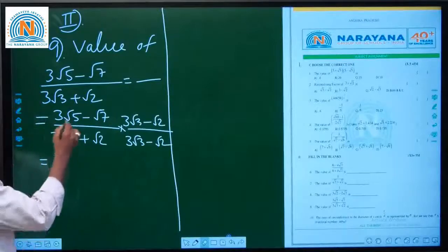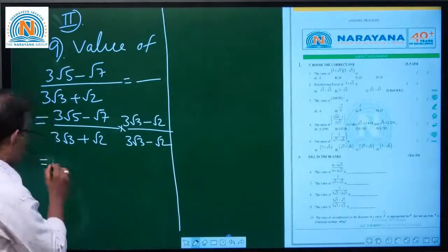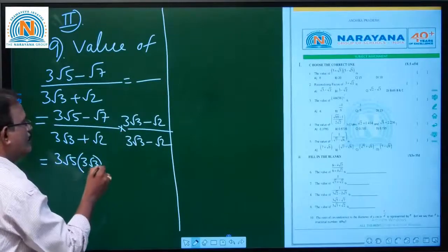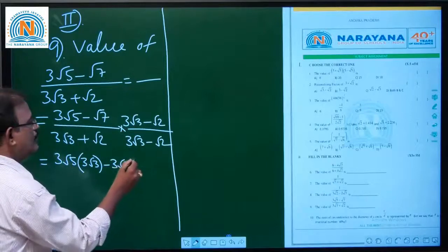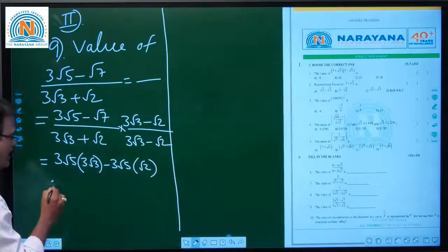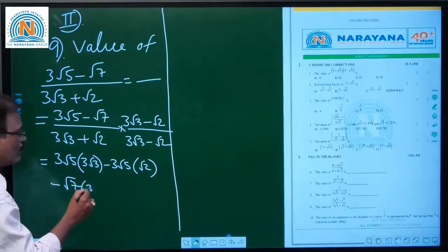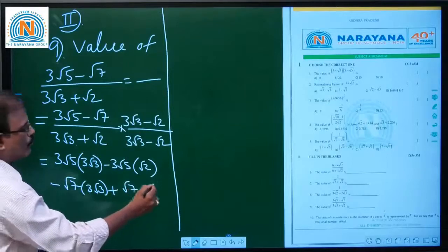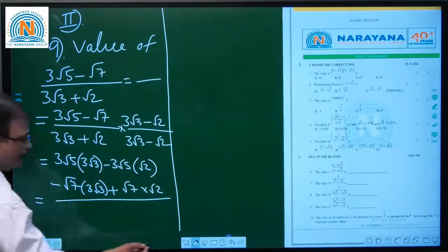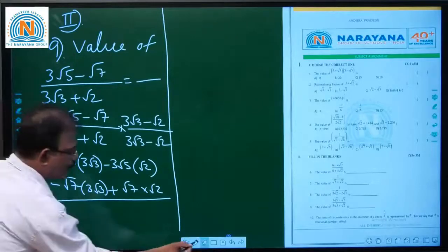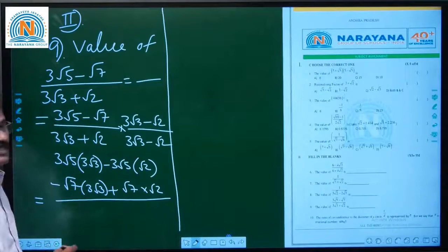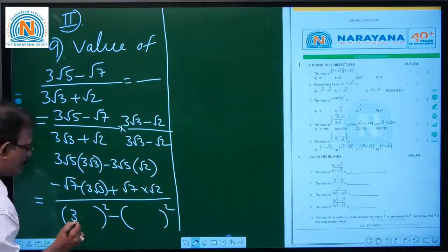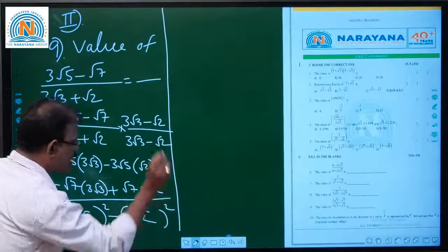So this is the first term: 3 root 5 into 3 root 3, minus 3 root 5 into root 2, minus root 7 into 3 root 3, plus root 7 into root 2, whole divided by, it is a plus b into a minus b, children. So what is a, the first term? What is b, the second term?